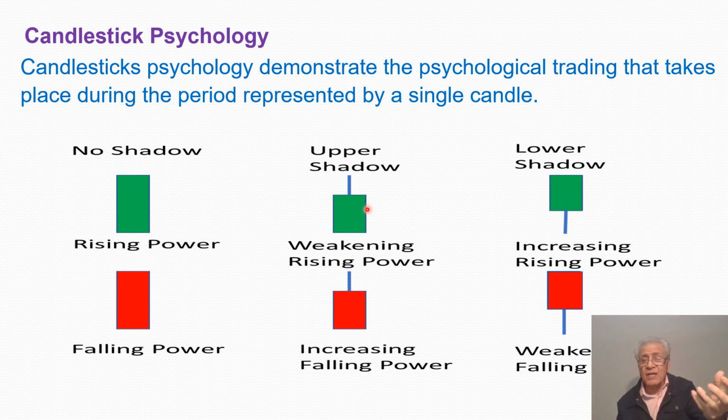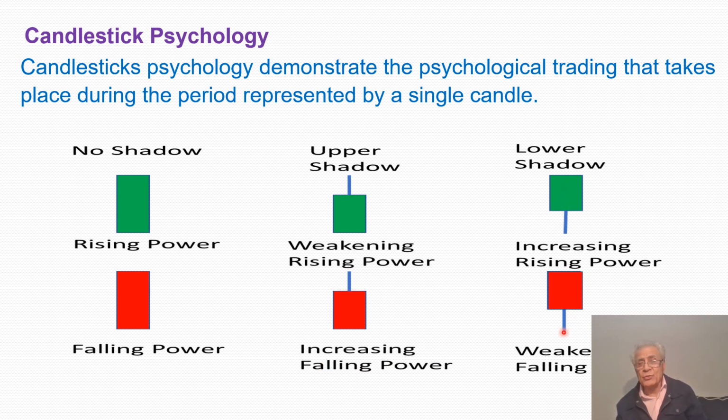It reduces the bullishness, so weakening rising power. This is again the same situation as a bearish candle, but the bearish again push the price down. It means an increase in bearishness, so increasing falling power.